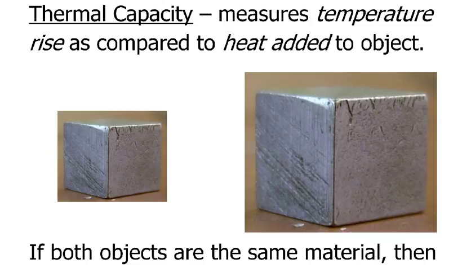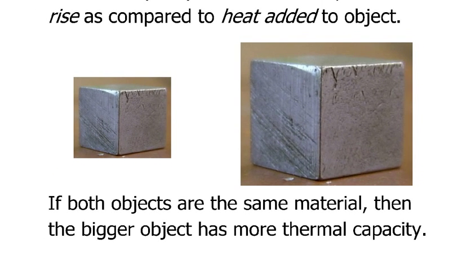So the same amount of heat energy is added to this one, same amount of heat energy added to this one. So let's just say it's 1,000 joules. Alright, 1,000 joules of heat energy to this one, 1,000 joules of heat energy to this one. On the big one, there's a whole lot more atoms there to absorb the energy. This one, way fewer atoms to absorb the energy. So actually what happens is the temperature rise in the bigger object is going to be less because the heat gets more spread out.